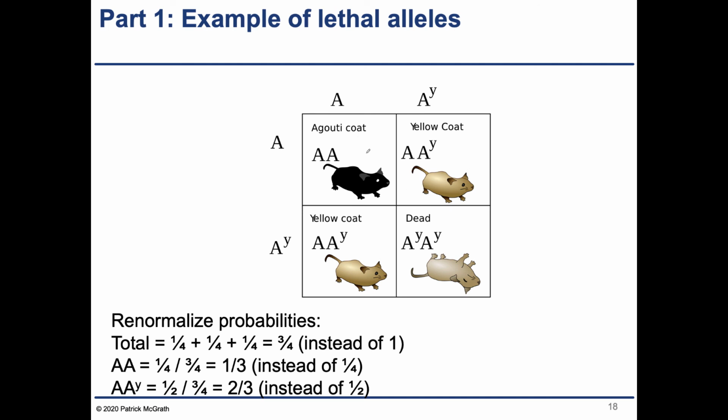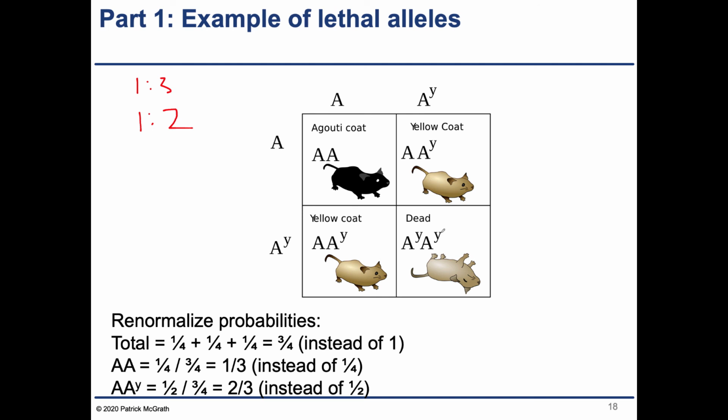What they found was that if they intercrossed yellow mice together, they found a very unusual ratio. Typically we would expect to see a 3-to-1 ratio, but instead what they were finding was a 1-to-2 ratio.